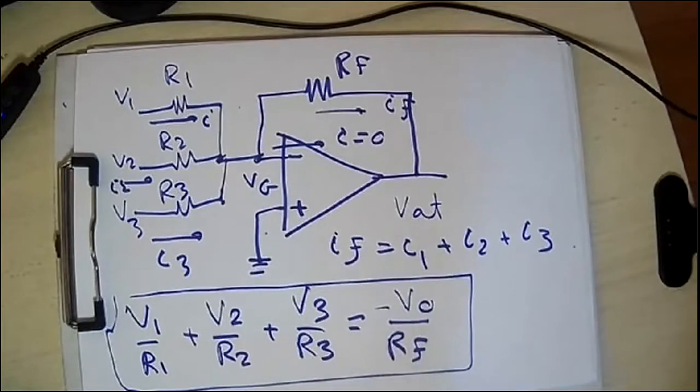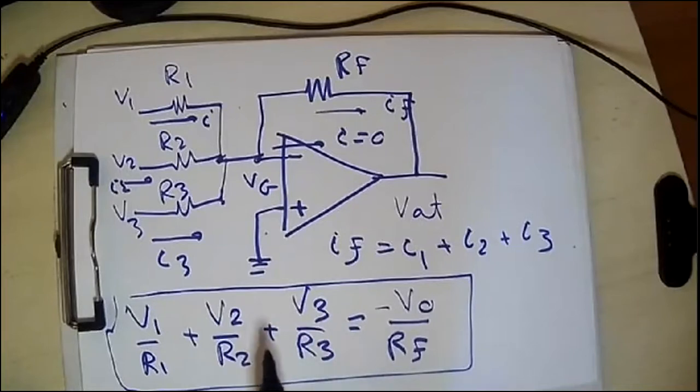But please consider a very important note. This is not ordinary adding. This is what's called a weighted adding. Because if you move this RF to the other side, you will find that Vout equals minus RF over R1 times V1, minus RF over R2 times V2, minus RF over R3 times V3, and so on.